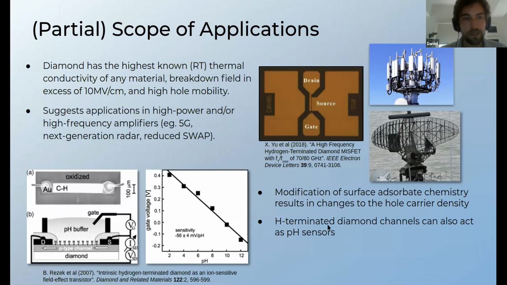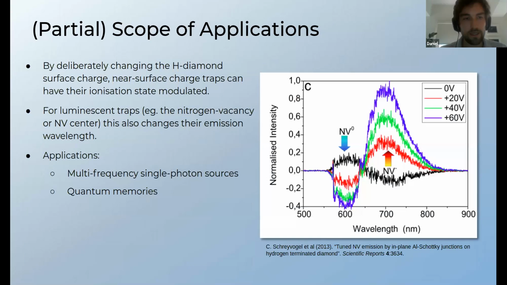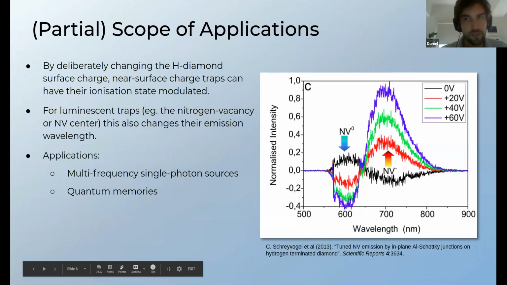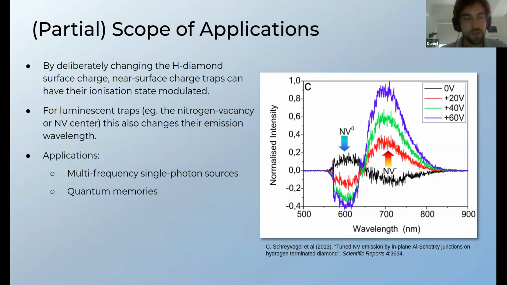It's also been shown that by changing the adsorbed surface charge, for instance, by deliberately gating with an external electrode, you can modulate the ionization state of lattice defects just beneath the diamond surface, just below this hole gas. And so if these are luminescent traps, the most famous of these being the nitrogen vacancy defect or NV center, this will also change their emission wavelength.